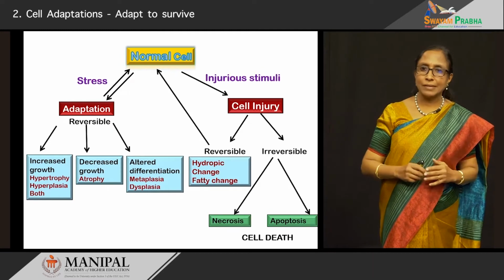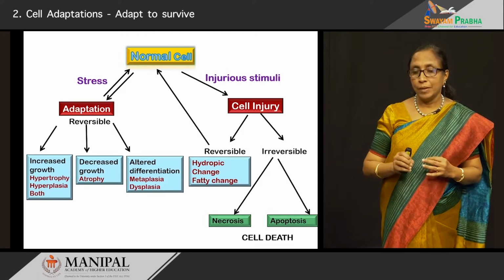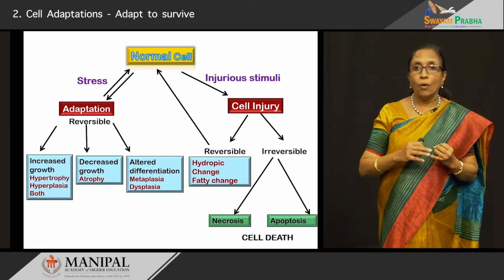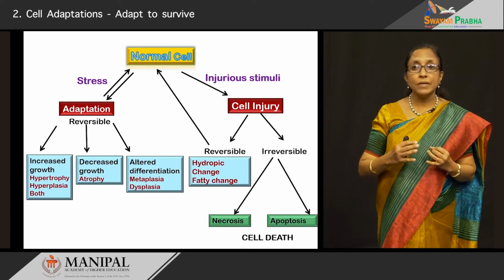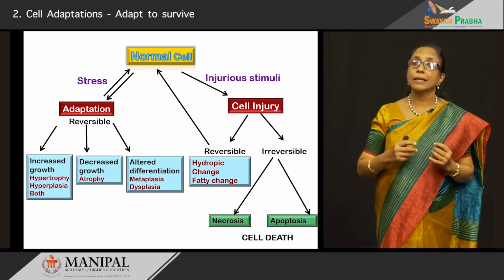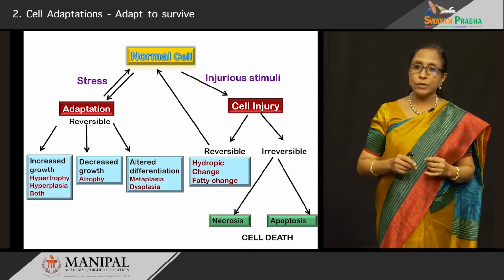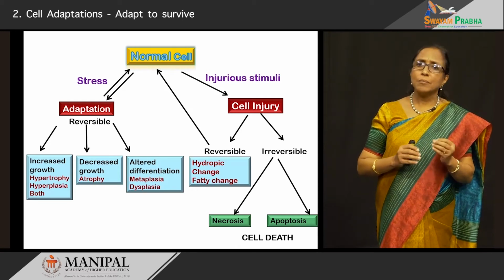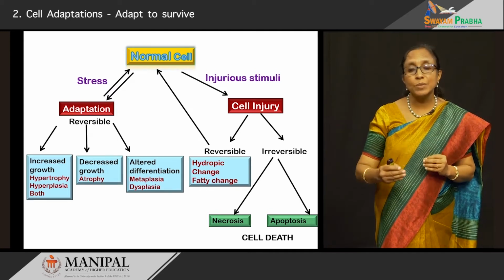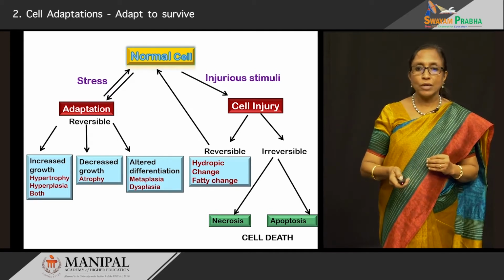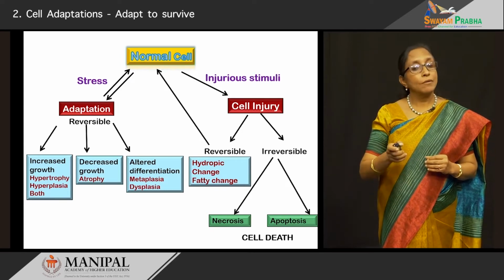Now, that is on one side. If there is an injurious stimulus to the cell, be it an infection or some chemical or toxin, the cell goes into the injury mode. If it is a mild transient injury, then certain reversible changes take place, what we call the hydropic change or the fatty change.